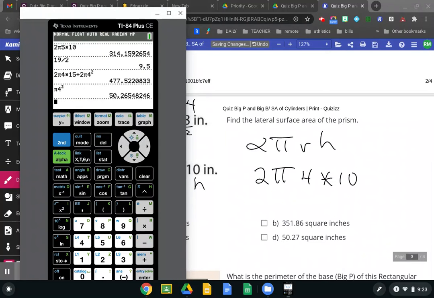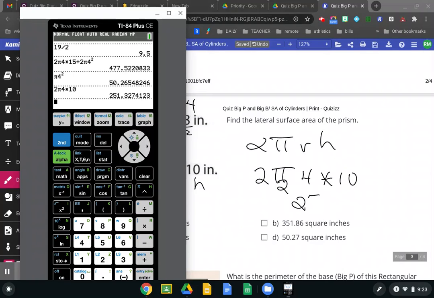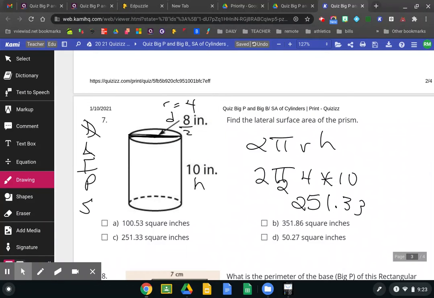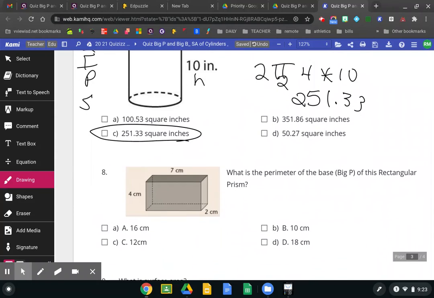Put that in your calculator. Enter, and it's 251.33, something like that. Now we got an exact answer there.